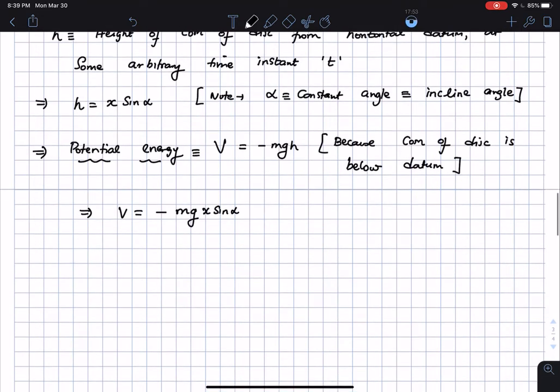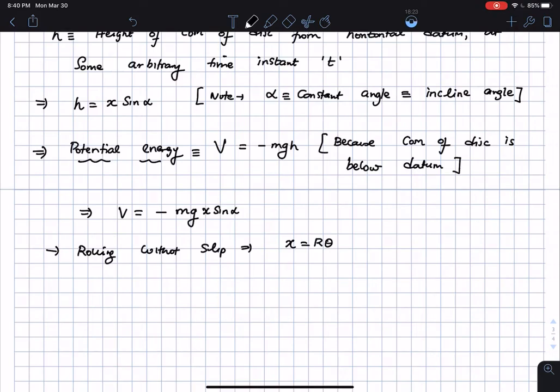But we also know that we are rolling without slip, which implies that x is equal to capital R times theta. This is an equation that we can typically obtain by making use of the velocity of the center of mass and the velocity of the contact point. We have already looked at this equation when we looked at holonomic constraints, so I'm skipping the details.